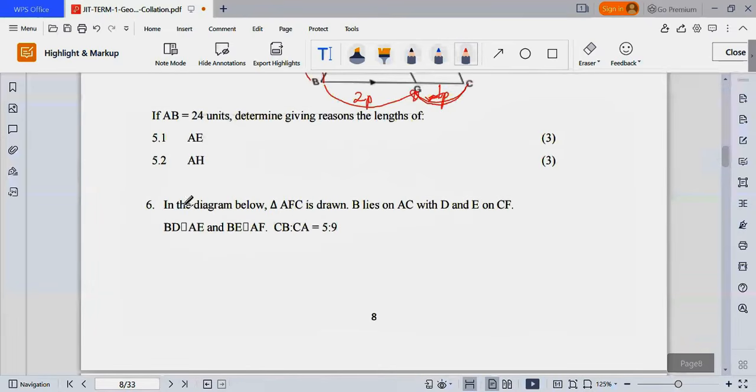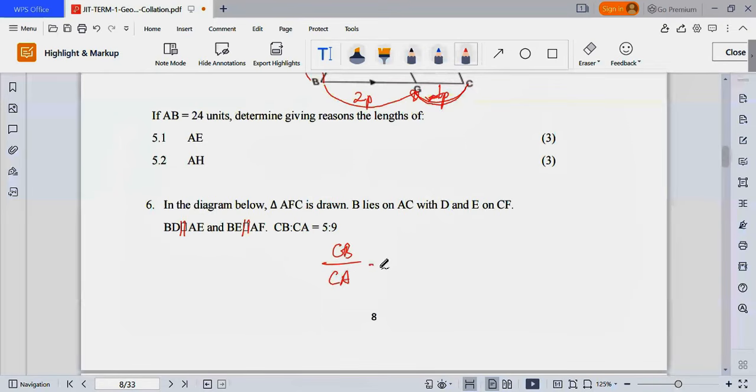Okay, then question 6, it says in the diagram below, triangle AFC is drawn. B lies on AC with D and E on CF. Then BD is parallel to AE and BE is parallel to AF. CB is to CA has a ratio of 5:9. So again, you can also write this in the form of a fraction.